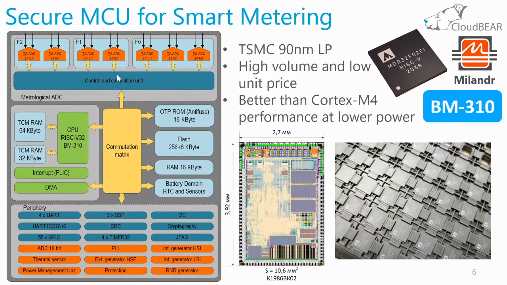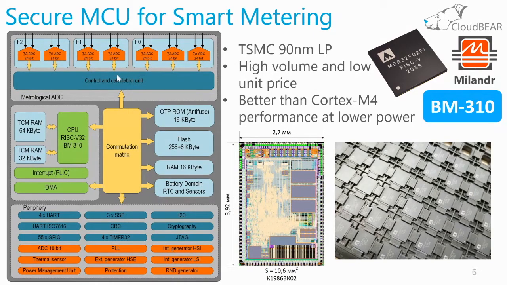So the chip itself, what is the target from the customer perspective? Very high volume and low price units. So they do a lot of work to reduce the price itself. But in smart metering devices, the requirements for calculations and for communications are growing, and they need a more powerful CPU.